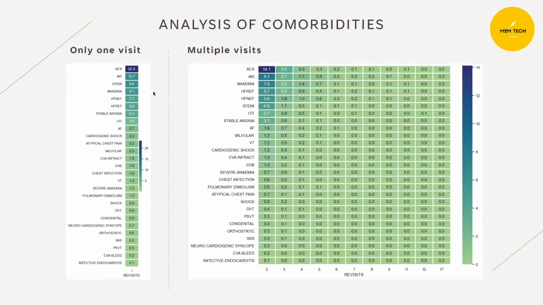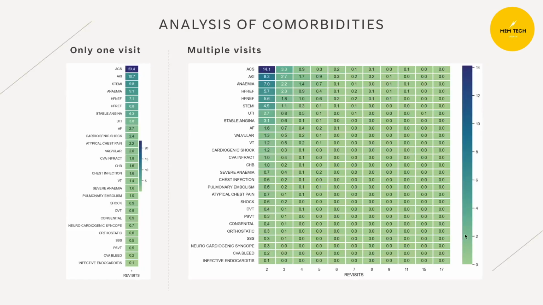And this is the same for patients with only one visit. This is the total of patients with one visit, and 23% of these patients had an acute coronary syndrome. 10% of patients with only one visit had the kidney injury, and this is essentially the percentage of the patients by the number of revisits.